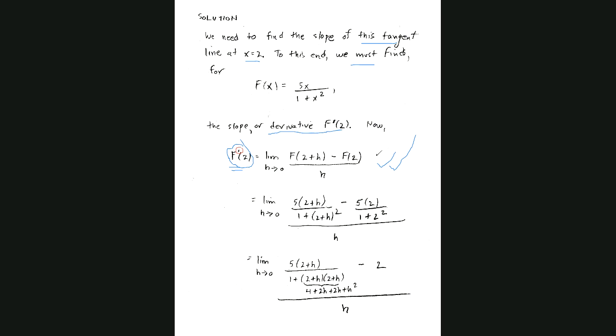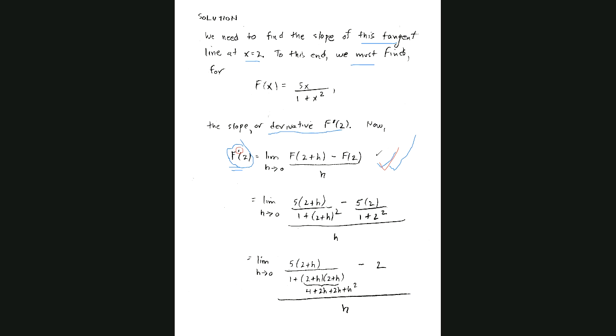Okay, so by the definition in the textbook, this is how we find the derivative. It's the limit as h approaches 0 of the function evaluated at 2 plus h minus f of 2, all divided by h. So that's a quotient. You're taking the limit of a quotient.